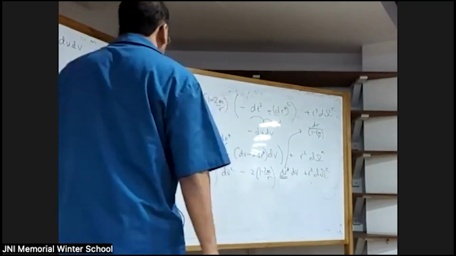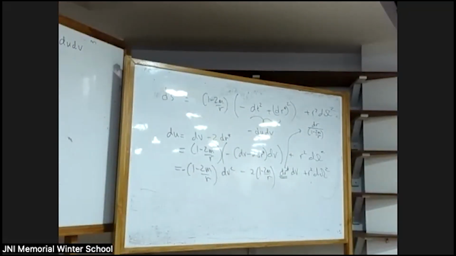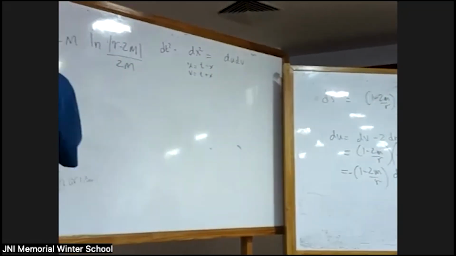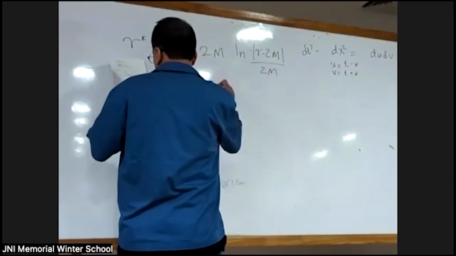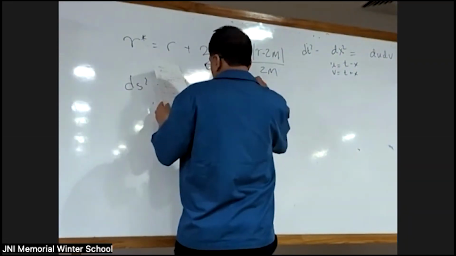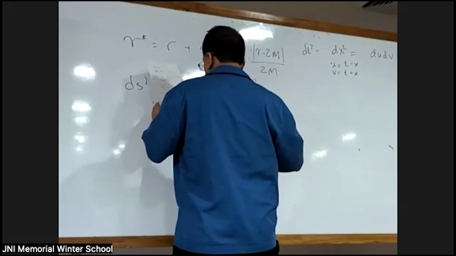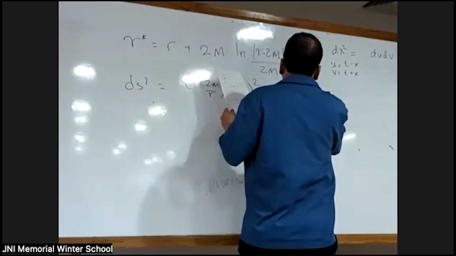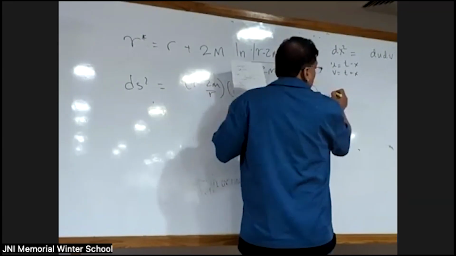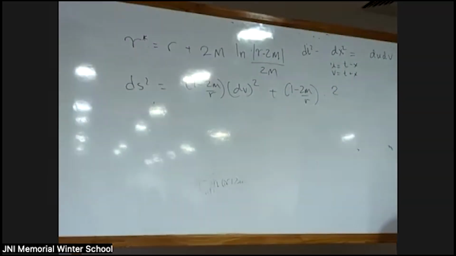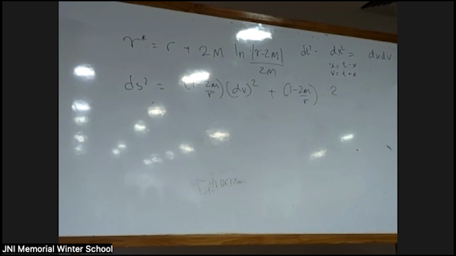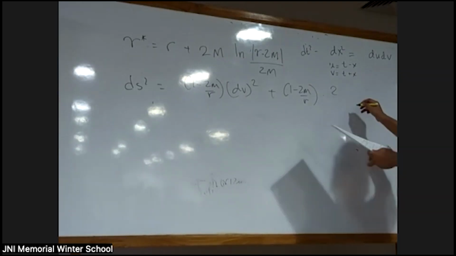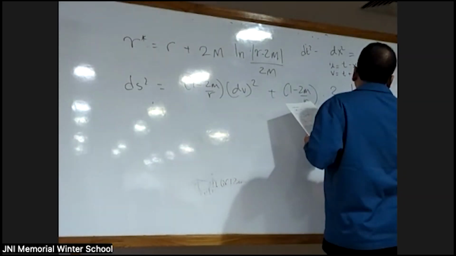I think. Plus 1 minus 2m over r times this 2 and then this bottom factor 1 over 1 minus 2m over r.